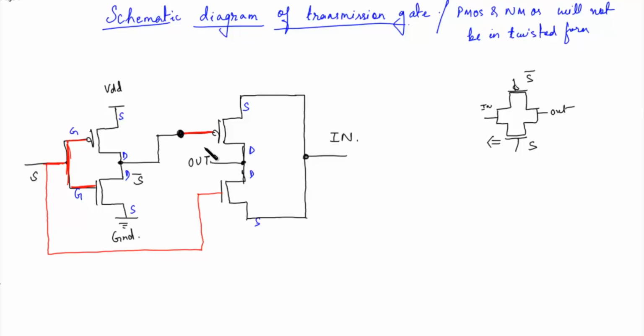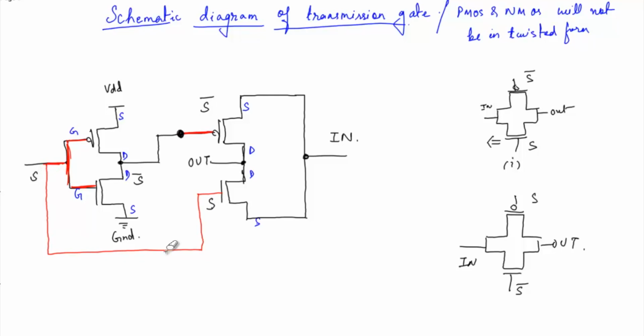Input, output, this is the select line, this is S bar, this is S. If we would have taken the second transmission gate type, where this is S and this is S bar, input and output, then this would have changed to something like this.